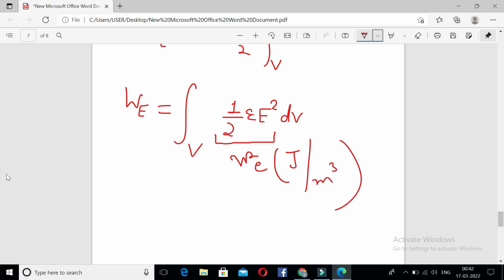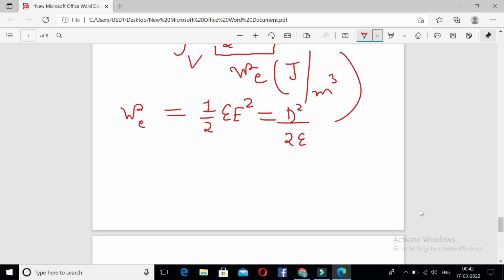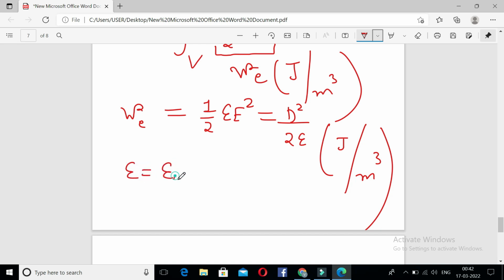So small we is equal to 1 by 2 epsilon E square, which we may also write as D square upon 2 epsilon. The unit of small we is joule per meter cube. For free space, epsilon is equal to epsilon naught.